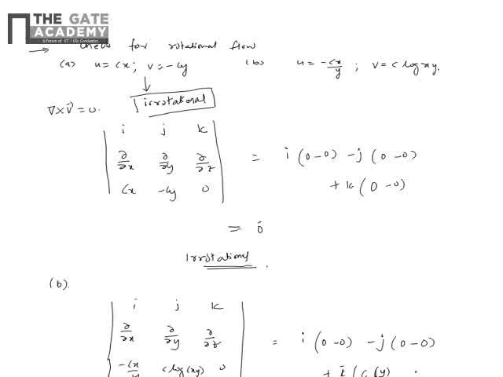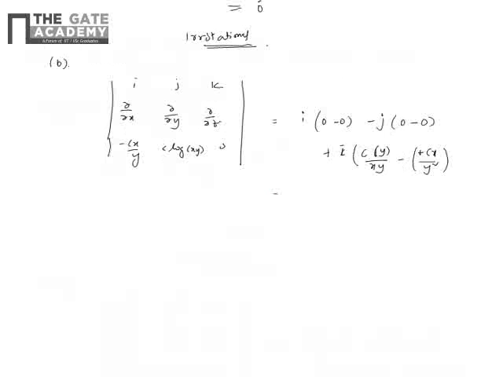Dou by dou y of this will be minus c by y squared, which is constant; when you differentiate with y, it is plus c by y squared. Okay, so this is 0 plus k, this is c by x minus c by y squared. So this is not irrotational, this is not turning out to be 0, it's a case of rotational flow.